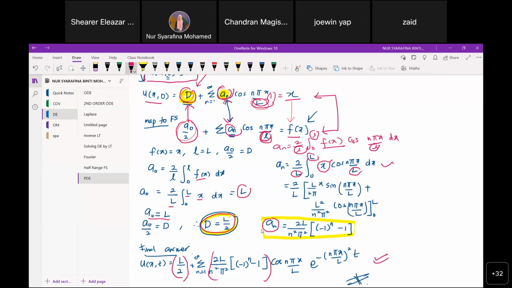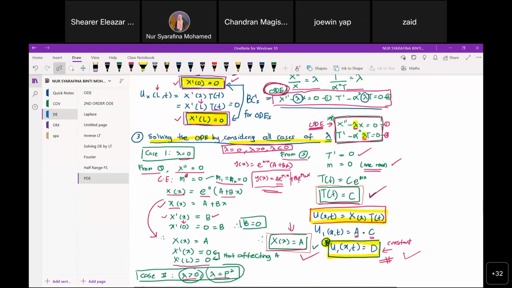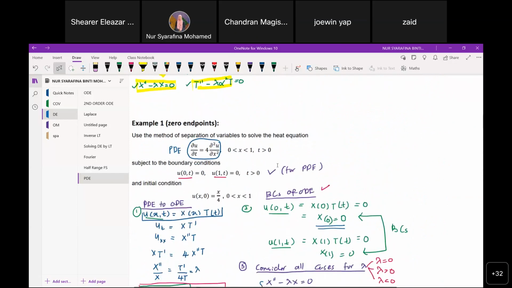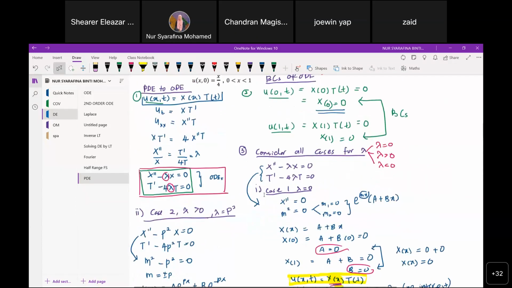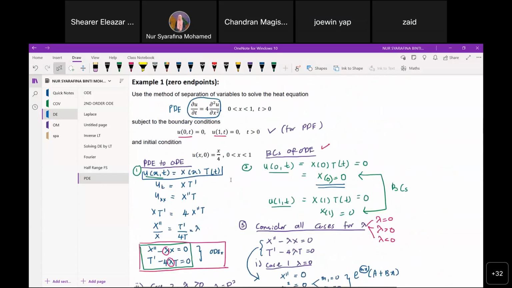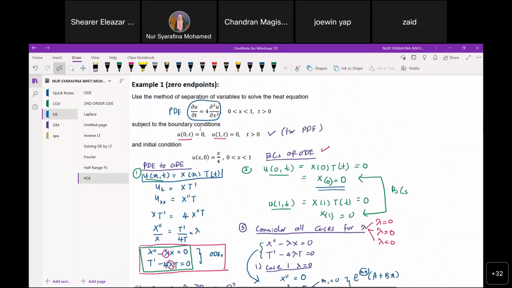If you have taken a look at the previous example given in the video, the steps are the same. The difference is only in the boundary condition. For the previous example, for zero endpoints, when you apply the boundary condition, you don't have to differentiate. You can just use u directly, substituting x equals 1.